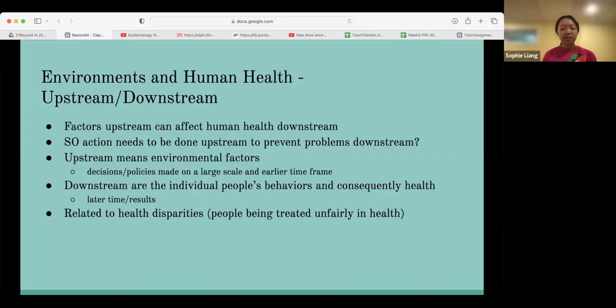This is at a later time or results. Because it's downstream, it comes after the upstream; after it has flowed through upstream, it goes to downstream. And then also related to health disparities, people being treated unfairly in health. So yeah, environmental health is definitely related to health disparities.